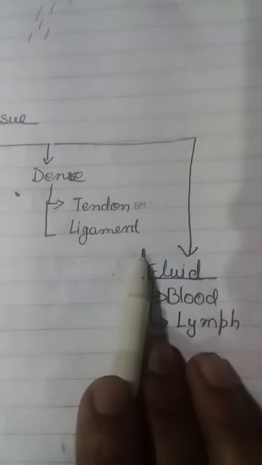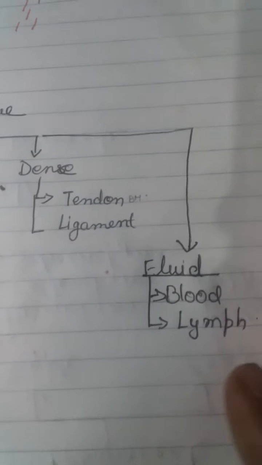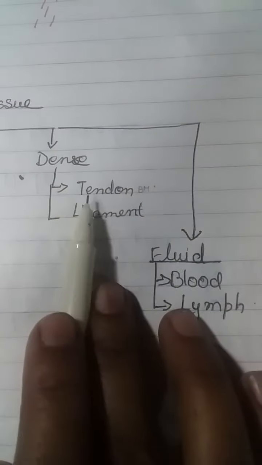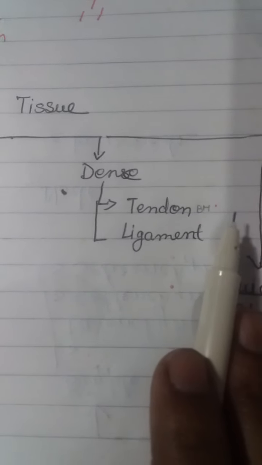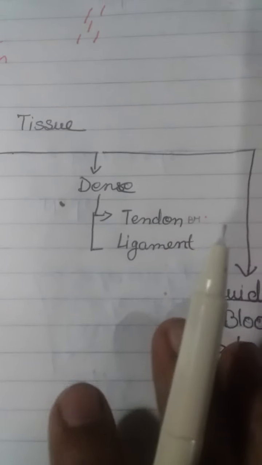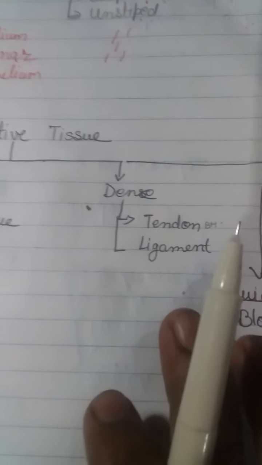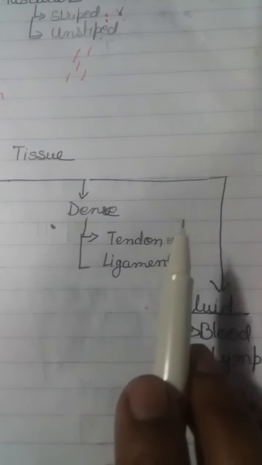Okay, dense connective tissue. Dense connective tissue is of two kinds: tendon and ligament. These tissues join muscles to bone and bones to muscle. The tendon joins bones to skeletal muscle. As for example, our arm bone is connected to the muscles, and only then is movement in our body possible.